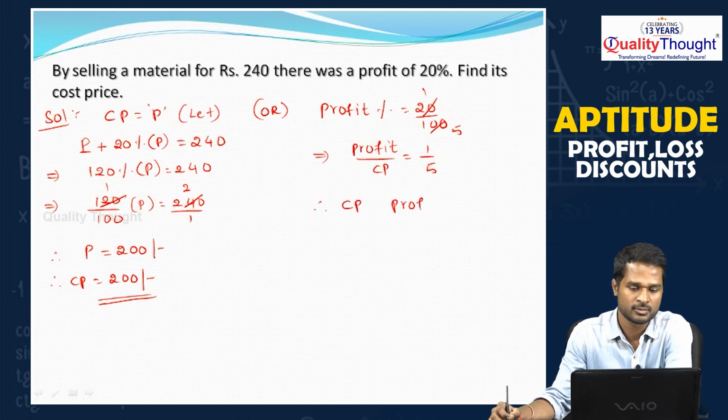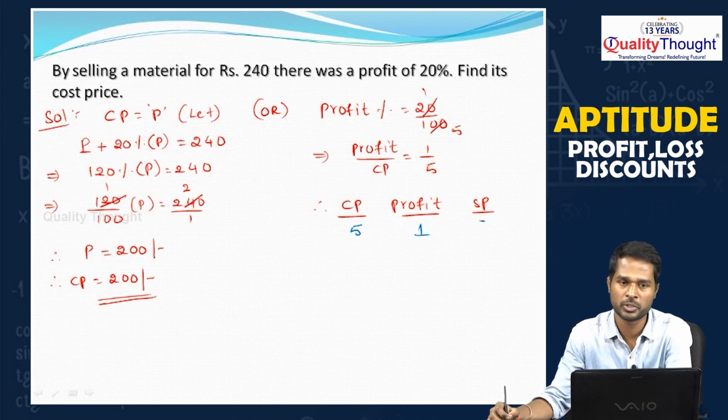So, profit is 1, cost price is 5. I will write cost price, profit, and selling price. Let us check the values. Profit by cost price is 1 by 5, which means the profit is 1 and the cost price is 5. I purchased it for 5, I need to get a profit of 1, so the selling price should be 6. But in the question the selling price given is 240 rupees.